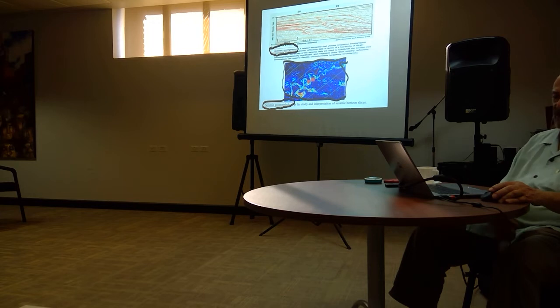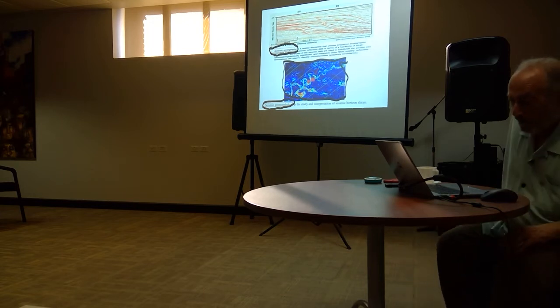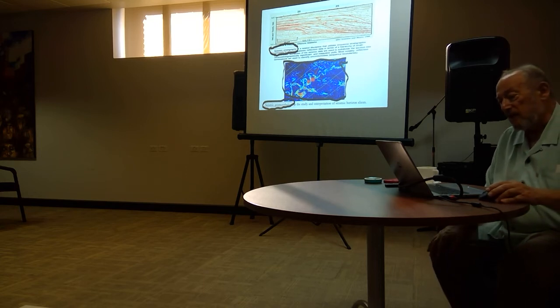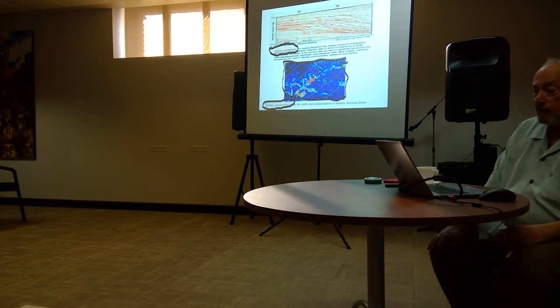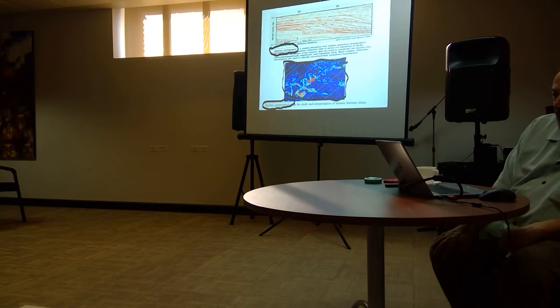Kind of the leader in that is an Exxon guy by the name of Henry Posmentier. He's the guy that kind of figured this out. Very interesting. I know Henry, and he's an excellent geologist, and he's equally as good an artist.